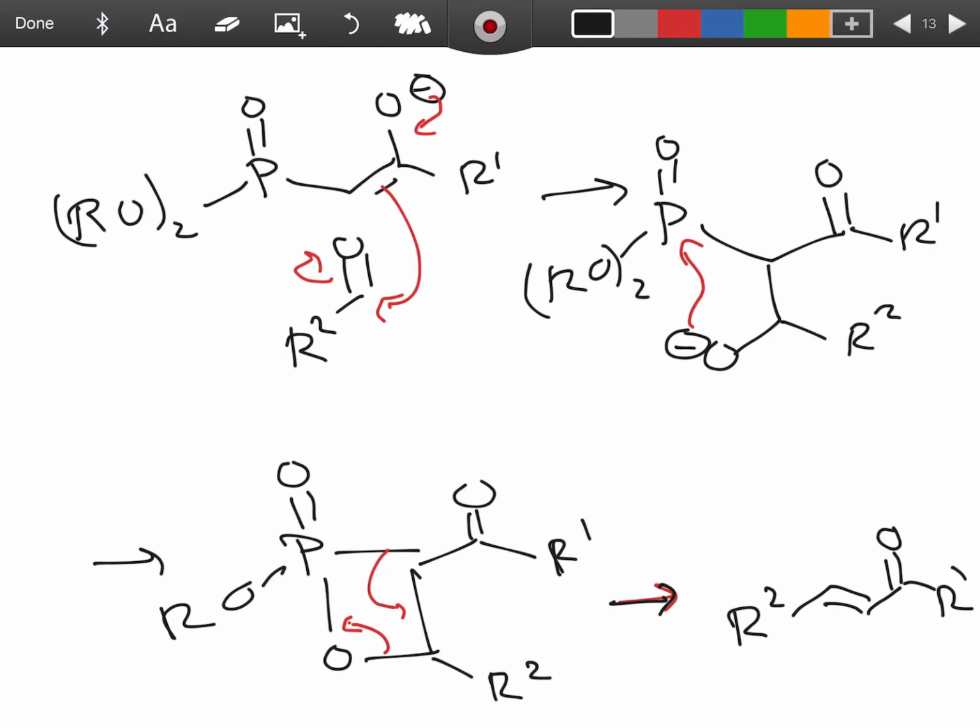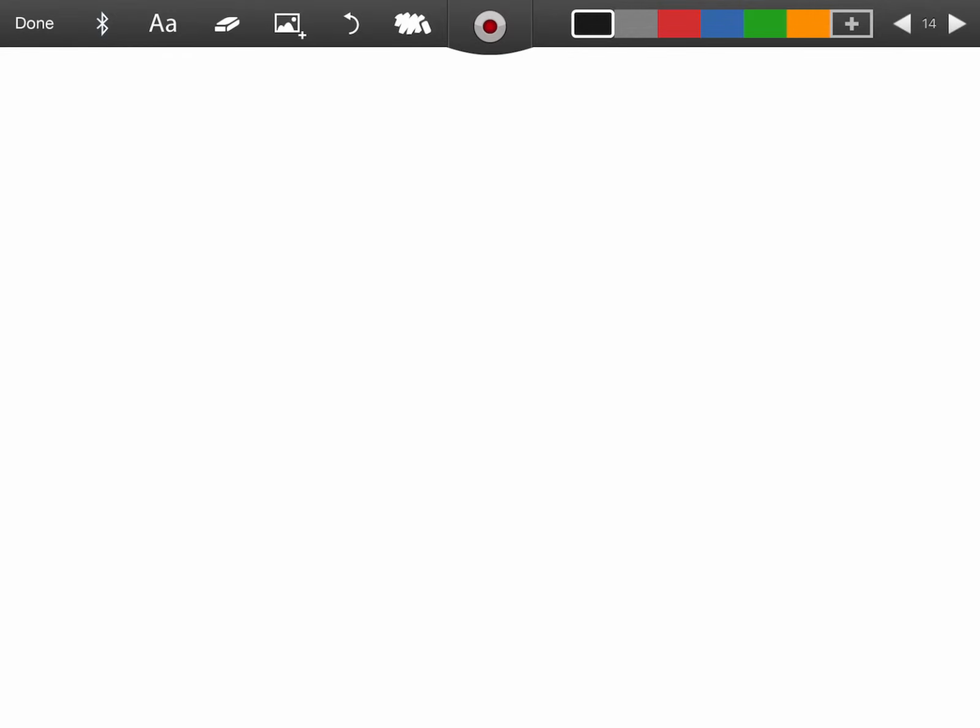So let me actually draw it, because I know talking is no good. So generic, the stock thing is CH3CH2, two of those on your phosphorus.